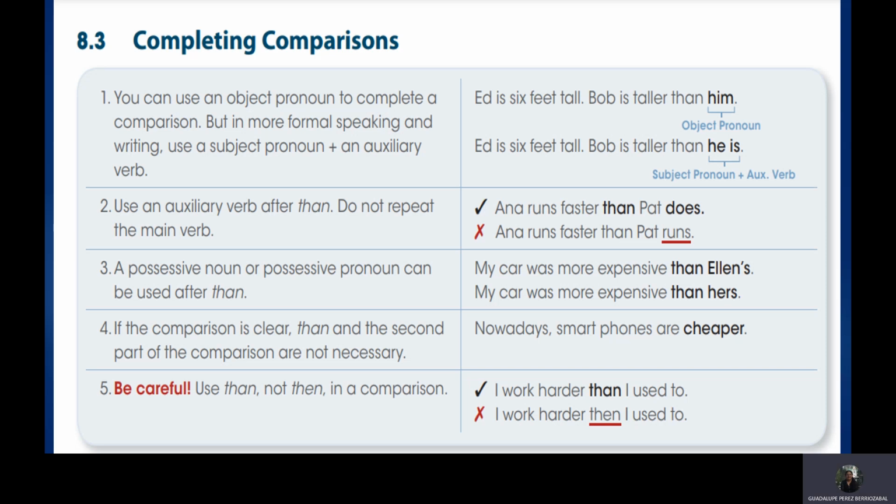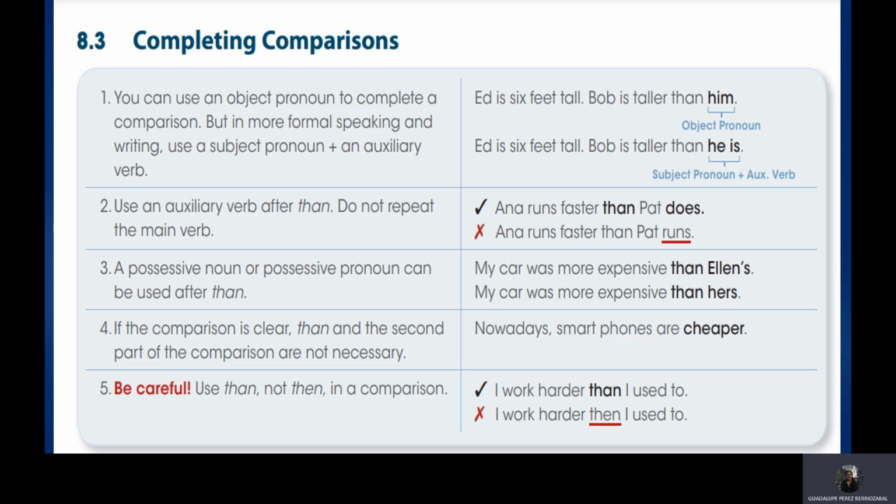Most of the time, we can use the auxiliary verb after than. Do not repeat the main verb. In this case, Anna runs faster than Pat does. We use does because the sentence is in simple present, and we use the auxiliary to match the tense. For example, if we are talking about the past, we use did.